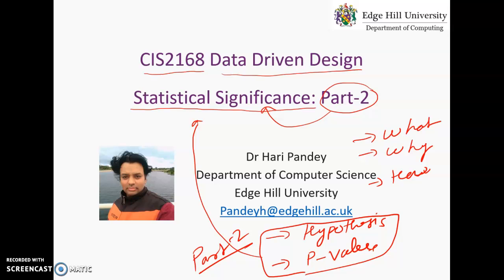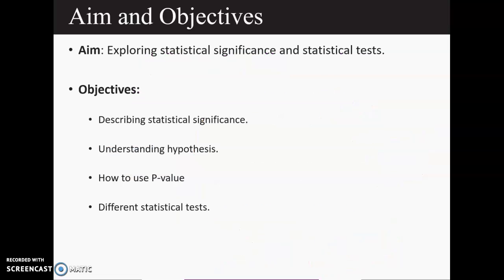I have given the aim and objective for the week 6 session in the next slide. I already explained the aim for week 6, that is statistical significance, and we want to understand some statistical tests.